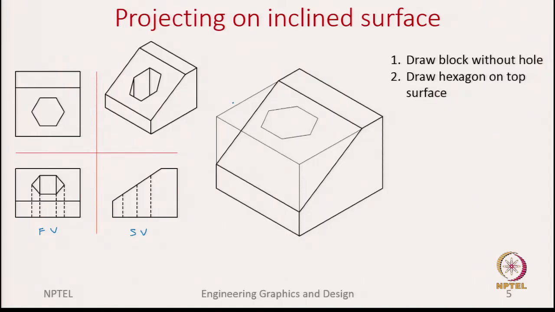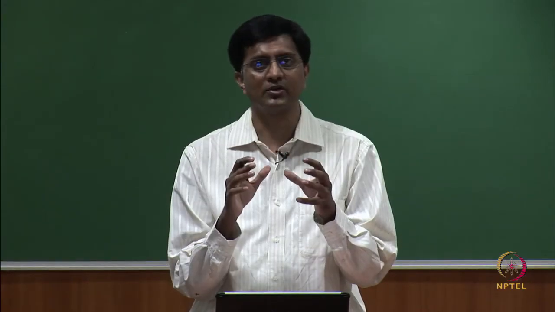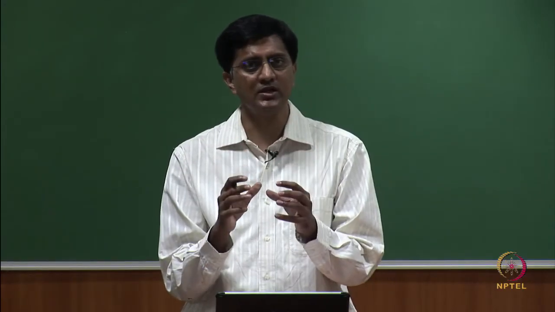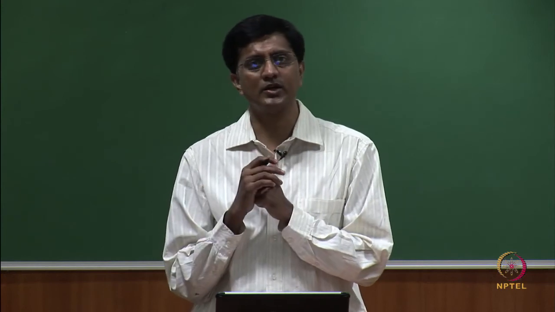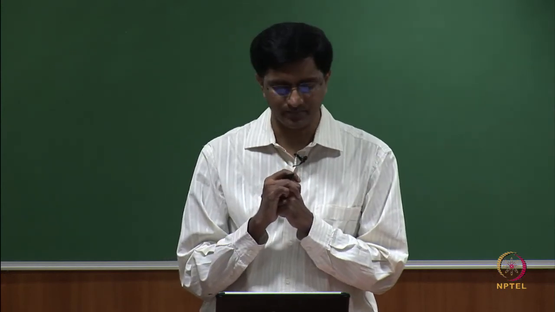If you notice, I am drawing these with construction lines, which are thin. So, what I am now drawing is this hexagon in true size on the top surface of this object. Again I am repeating that I am drawing these with thin lines, because these are part of construction lines. These are not how it looks in the final step, but I am using them to construct the distorted hexagon on the inclined surface.